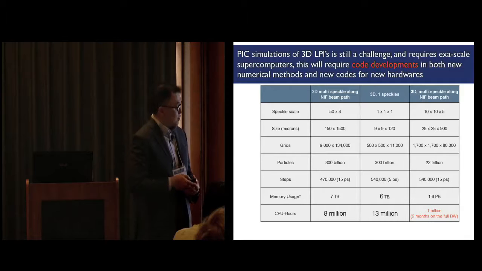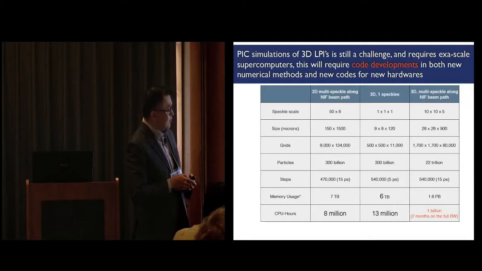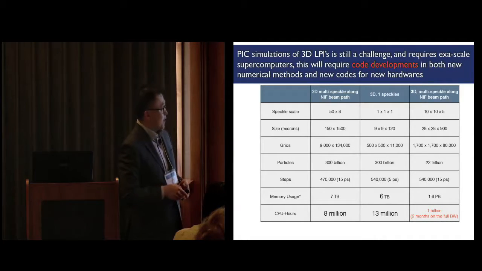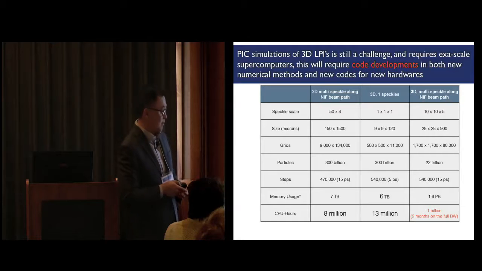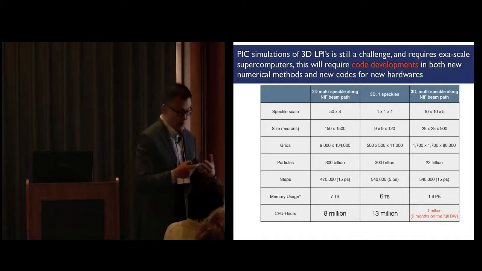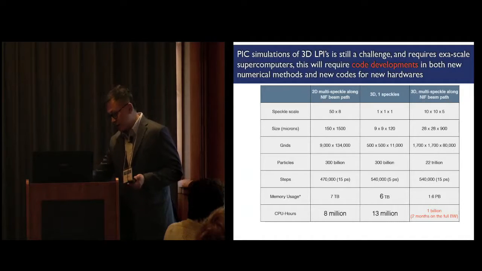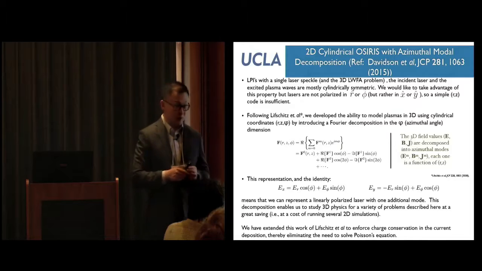However, in order to do a multi-speckle simulation in 3D, it takes about 22 trillion particles and about 1 billion CPU hours using today's processors. That translates to about 2 full months on Blue Waters, and it's simply not possible today. So we really need to do a lot of work in co-development, and this is what I'm going to be talking about last.